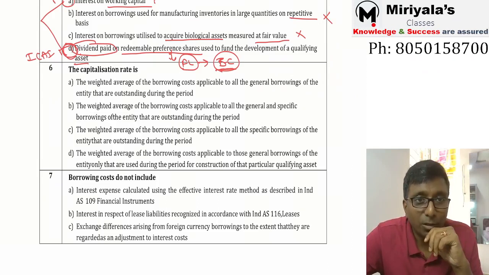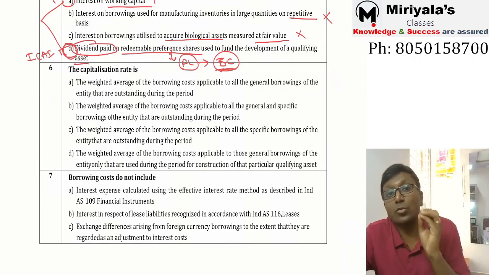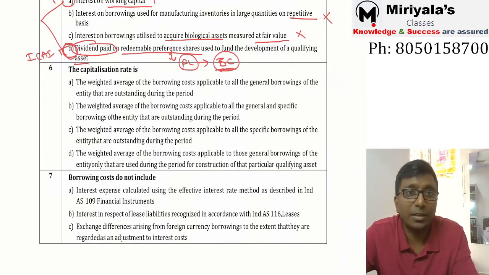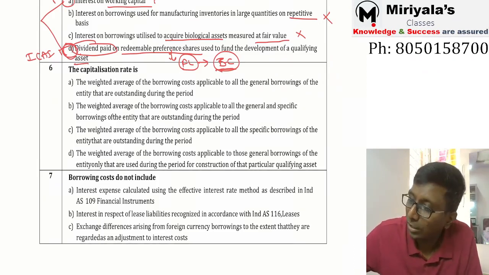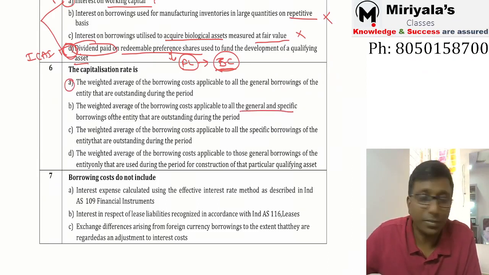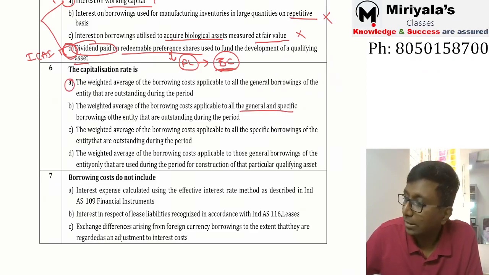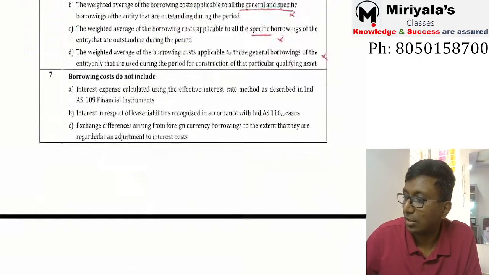Weighted average of the borrowing cost applicable to those general borrowings of the entity that were outstanding during the period. Correct? Which were outstanding during the period. So only A is the correct answer. These include general and specific? No way. It is going to be only general borrowing. And the next one is specific borrowing. So obviously this is wrong. All these things are wrong.